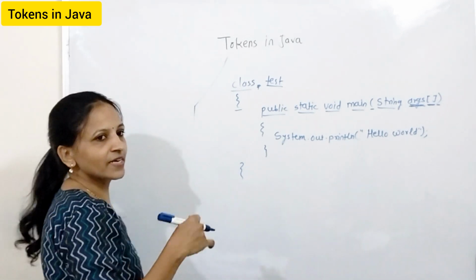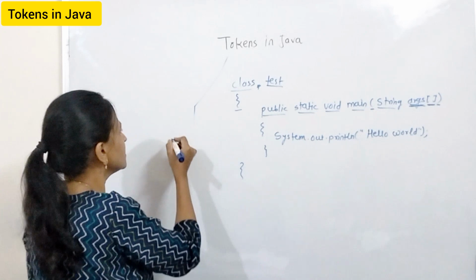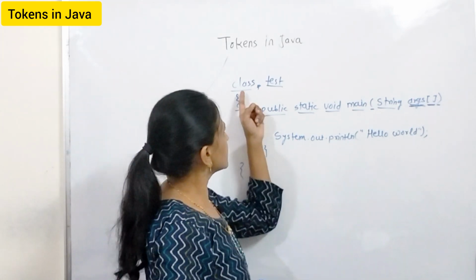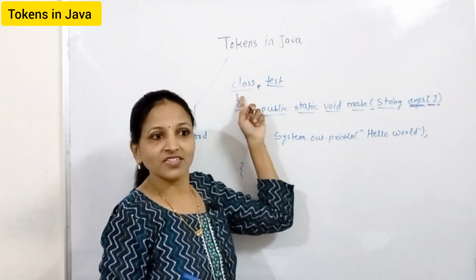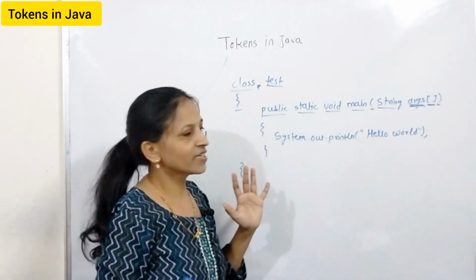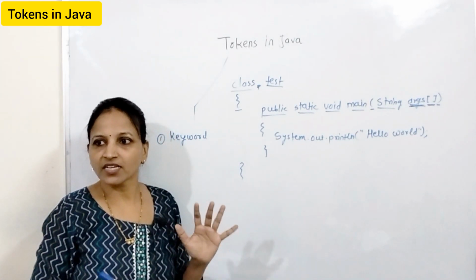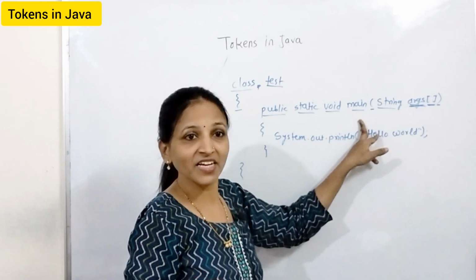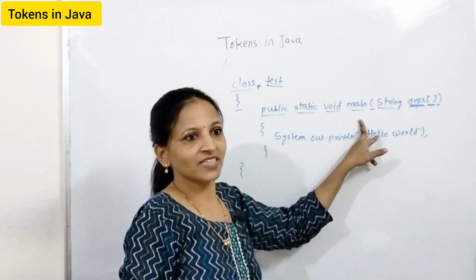There are multiple types of tokens. The first is keyword. Now here, see, this class is a keyword. This void, static, public, these are all keywords. This main is not a keyword. We have already discussed this main. Main is a predefined identifier.